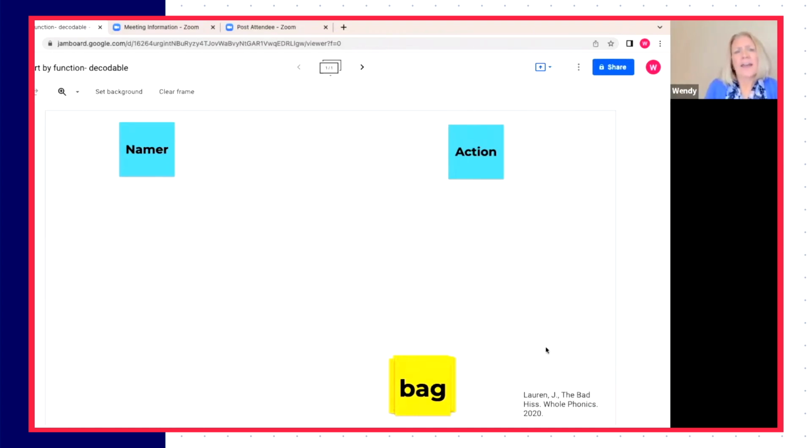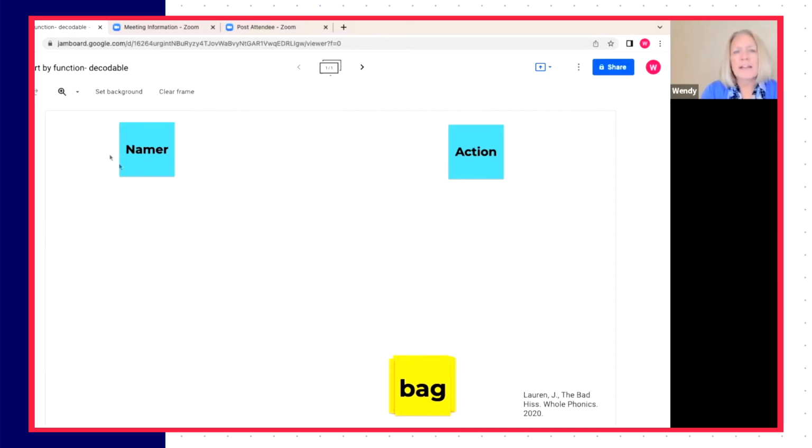So here I have 2 headings. I have my namer heading, which are my nouns, person, place, or thing. Make sure that you do a nice job of setting your students up for what namer means. You are naming something, so a person, a place, or a thing.